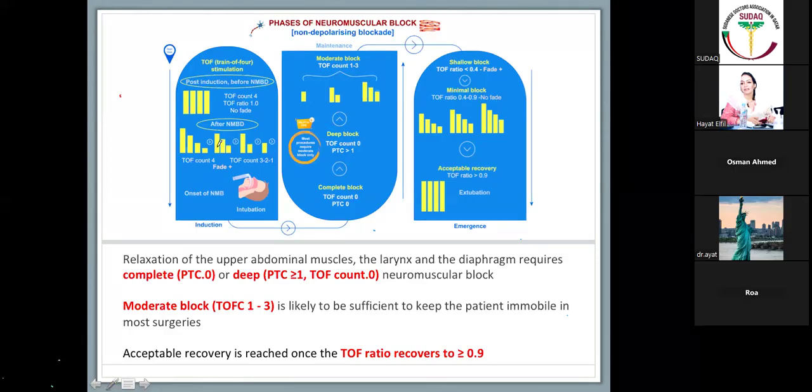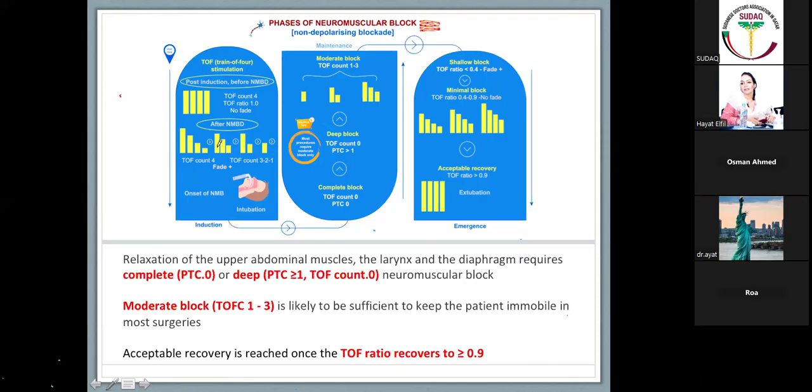Once you give the muscle relaxants, this is the pre-induction. The train of four count is 4, the ratio is 1, and there is no fade. So you induce the patient, and the twitch will show like that: 4 twitches, the ratio is 1, and there is no fade.